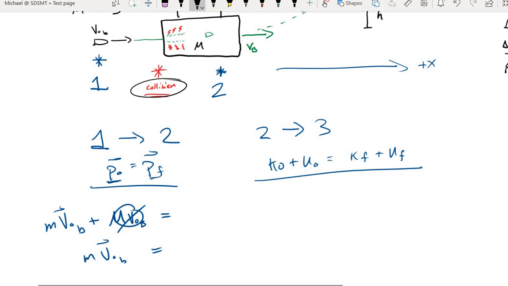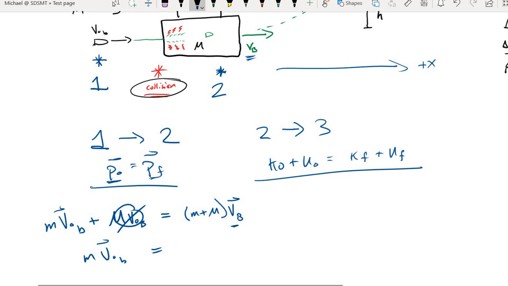Then we need the momentum just after the collision. So that is at site 2. Now, this is kind of important. When the bullet becomes embedded in the log, it is the combined mass of the two that gets carried off by this new velocity.